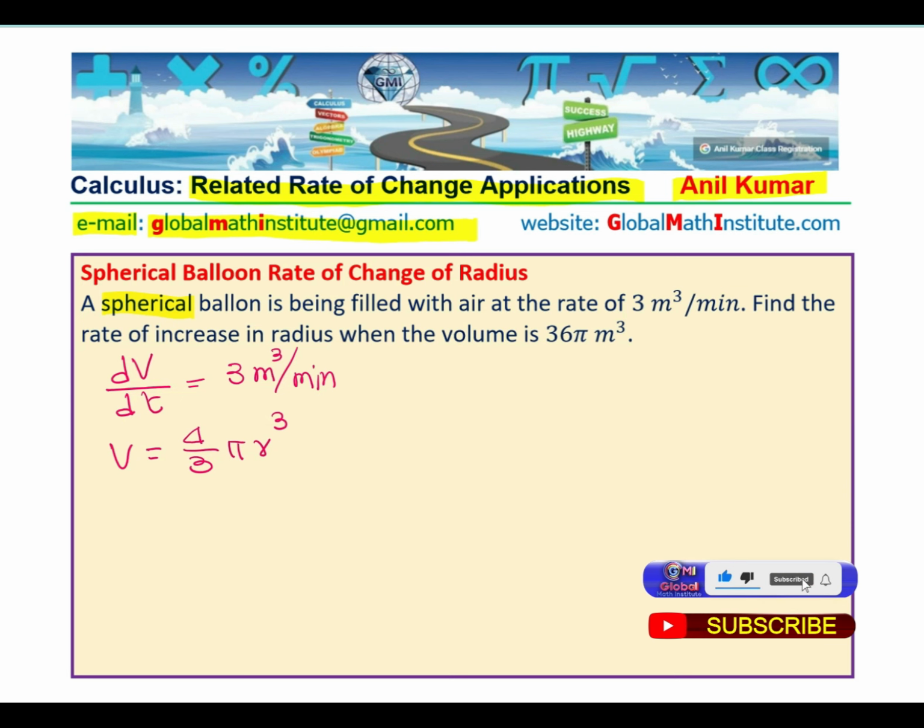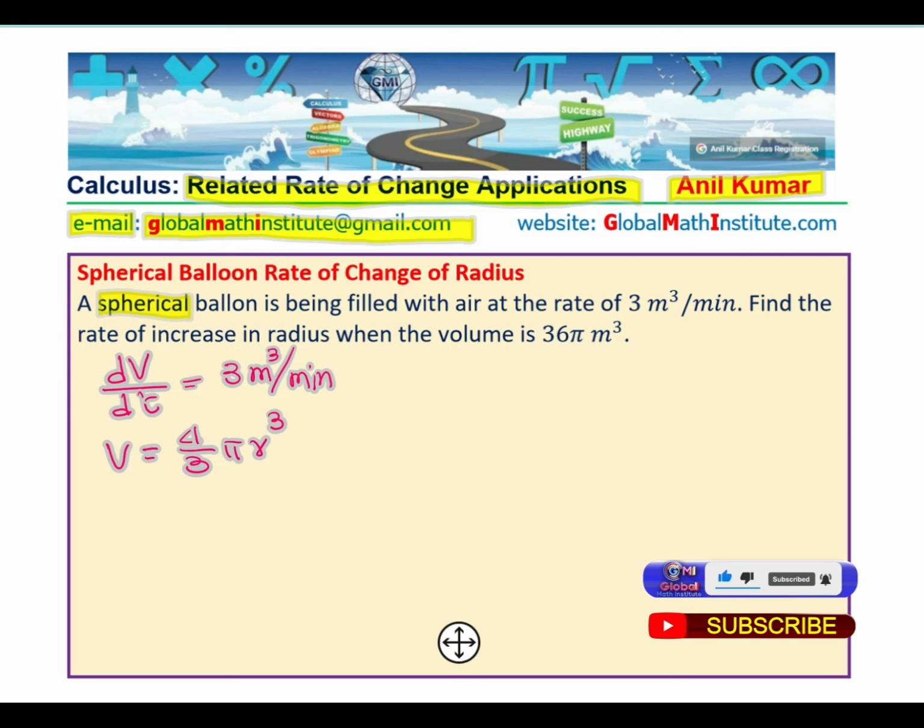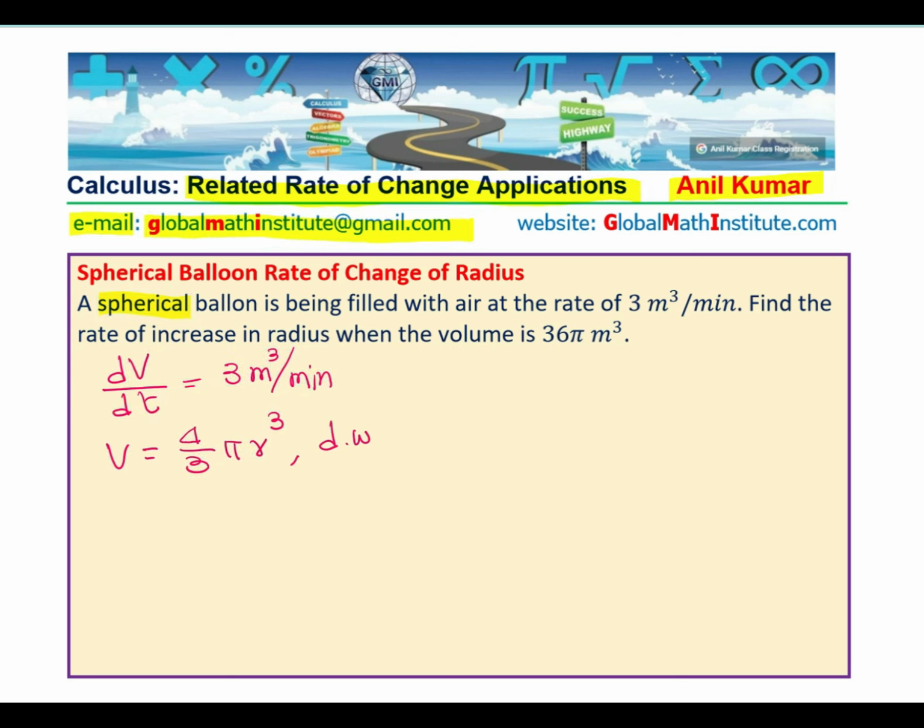Now, if I differentiate with respect to time, which normally we write like this, only t or time, then we get dV/dt equals d/dt of 4 by 3 pi r cube.